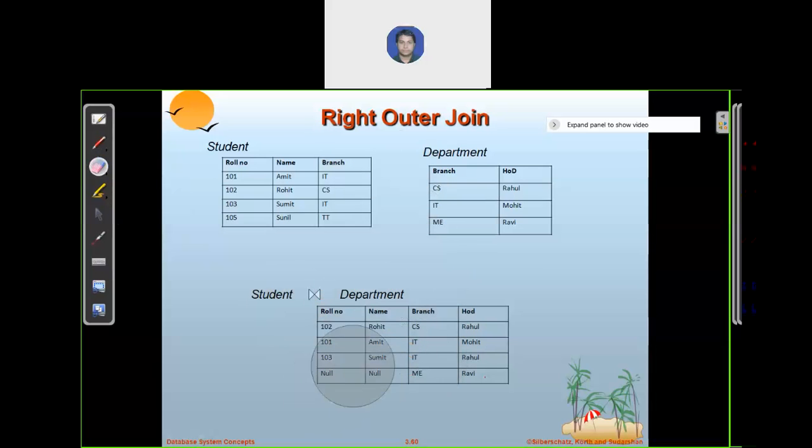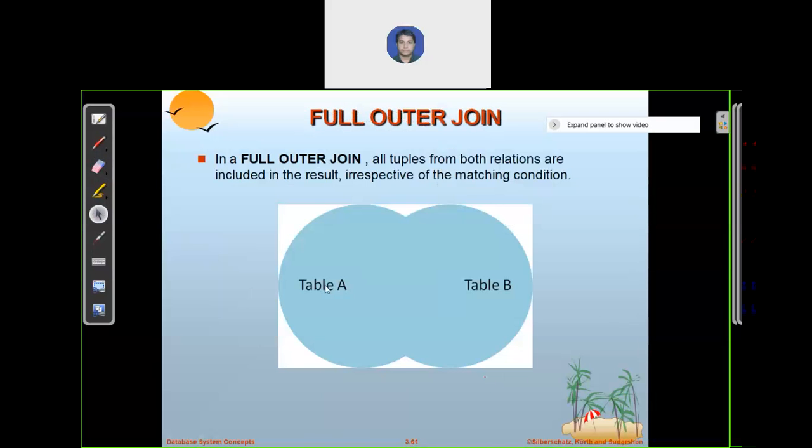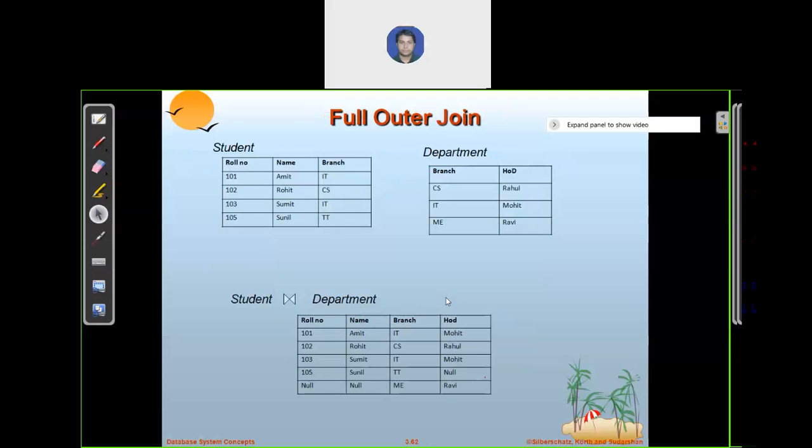Okay. Now see full outer join. In this full outer join, all tuples from both the relations are included in the result, irrespective of the matching condition. If it matches, then good; otherwise set as null. See the example. We have again two relations, student and department, and now we are applying full outer join. Okay.